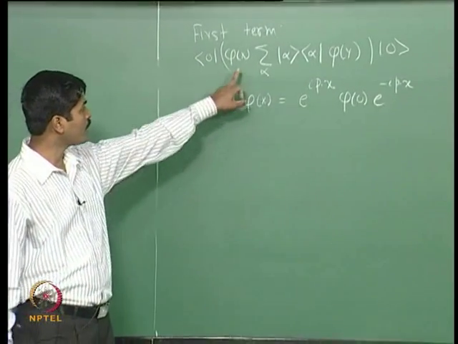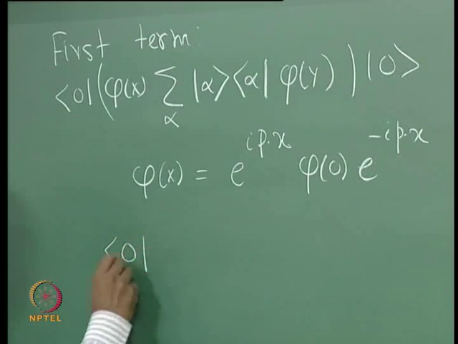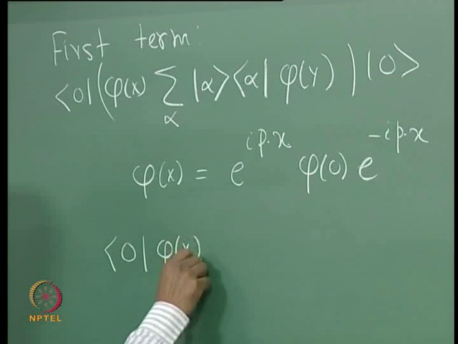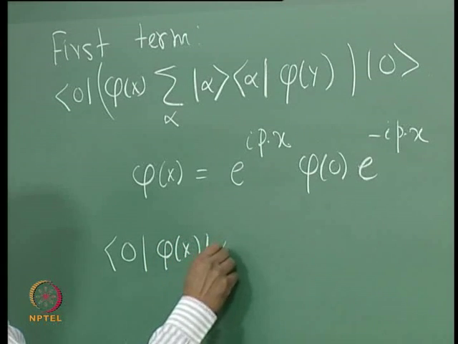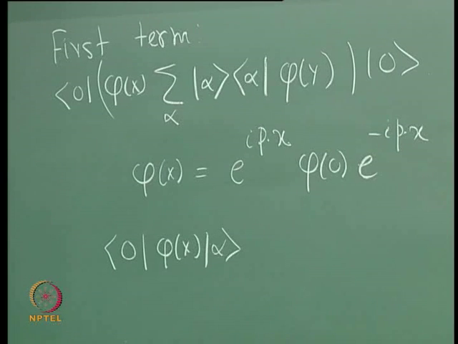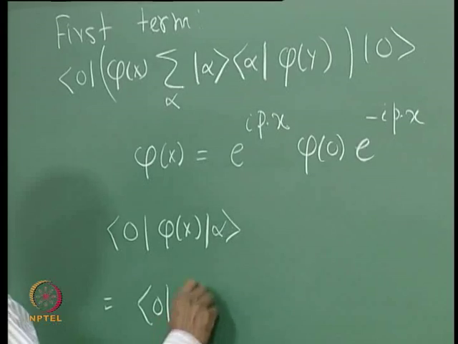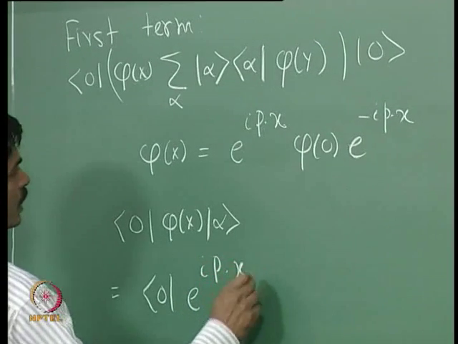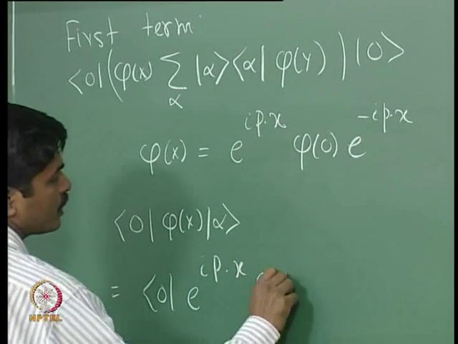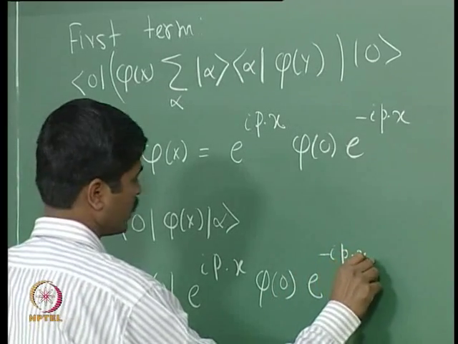Then what I have here is this matrix element, phi of x, alpha.